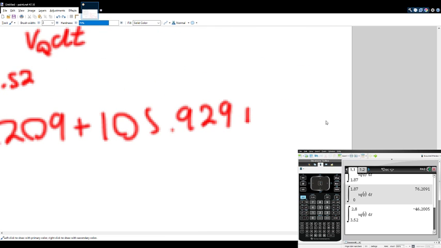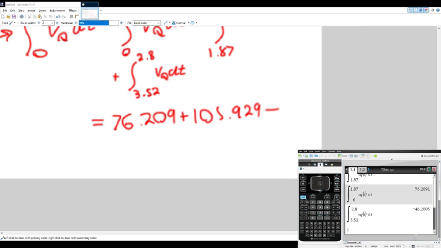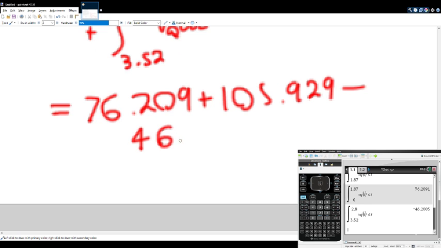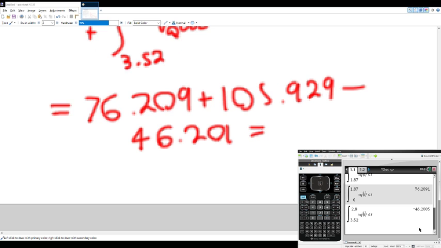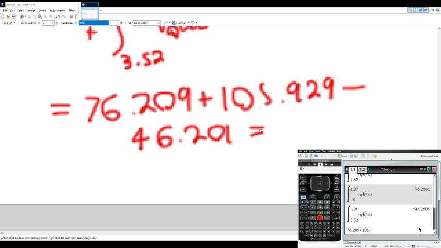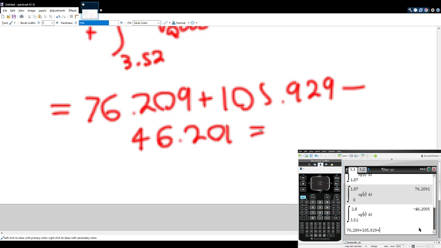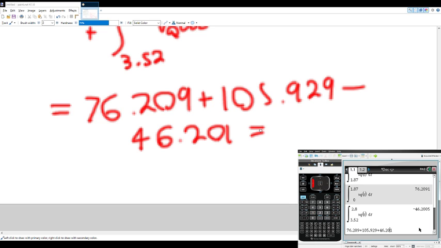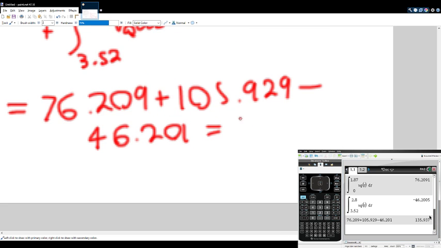So we'll make that a negative 46.201, which is equal to 76.209 plus 105.929 minus 46.201, which is 135.937.